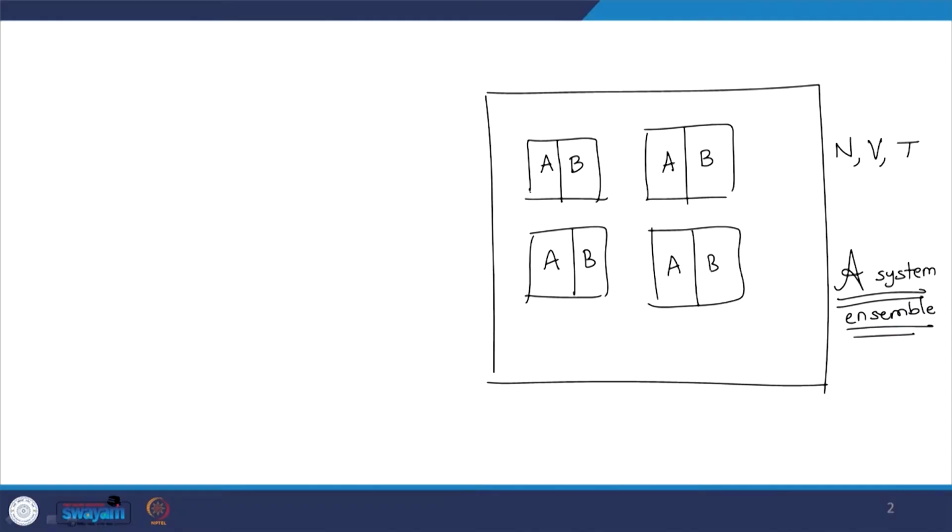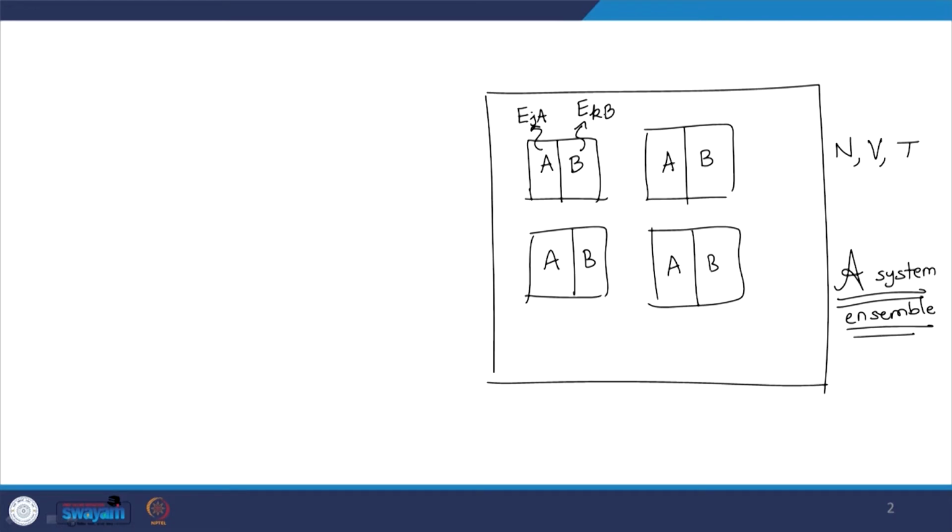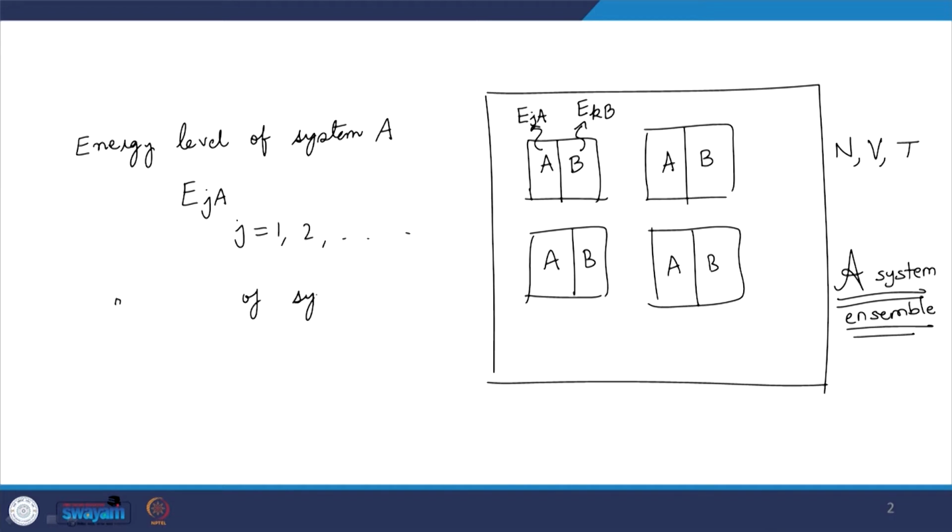Essentially, now we can talk about the energies of system A and the energies of system B. Just like we had different possible energy levels in the last example, in this case again you will have different energy levels, but different for system A and system B. So, you will have the energy levels of system A that are E_jA, where j refers to different possible energy levels, and similarly the energy levels of system B are E_kB, k equal to 1, 2 and so on.